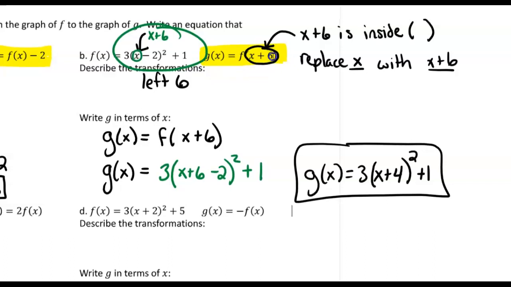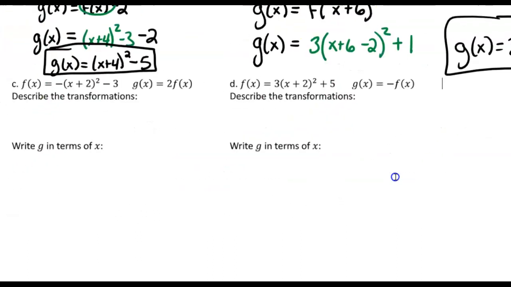Then on this one, because it showed the x plus 6 in the parentheses, you take that and you replace the x with x plus 6, because instead of f of x, it's f of x plus 6. That's telling you replace that with x plus 6. So right there, instead of x, we have x plus 6. Nothing else changed. The 3's there, the minus 2's there, the square, the plus 1. And then you just simplify the 6 minus 2, and that's where the 4 came from right here.